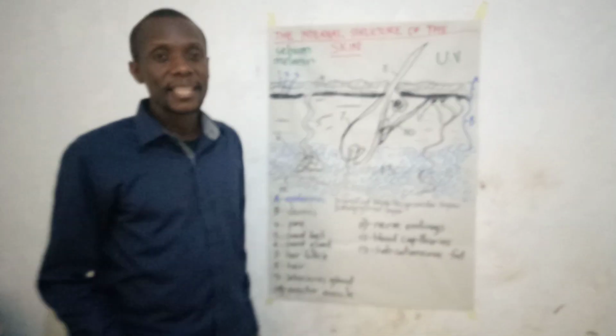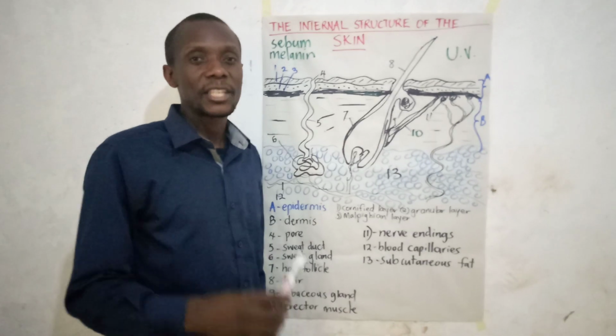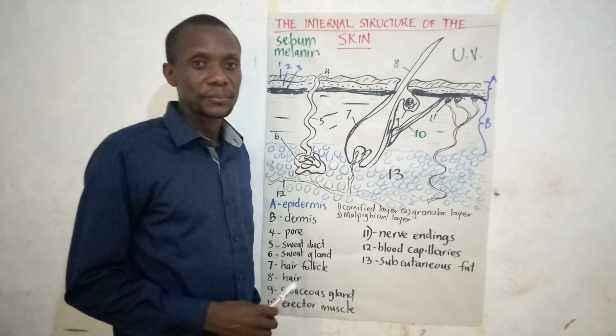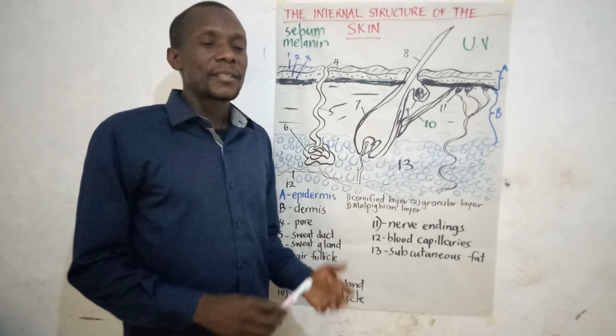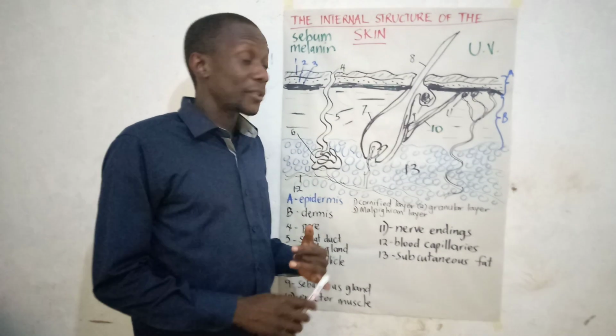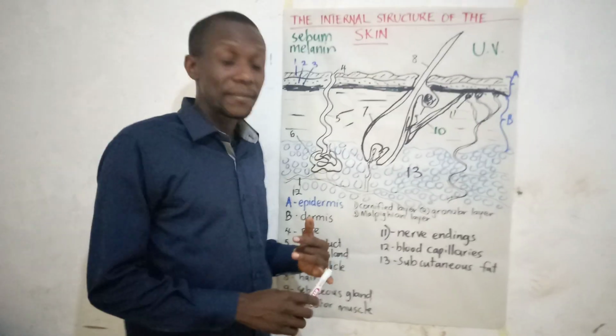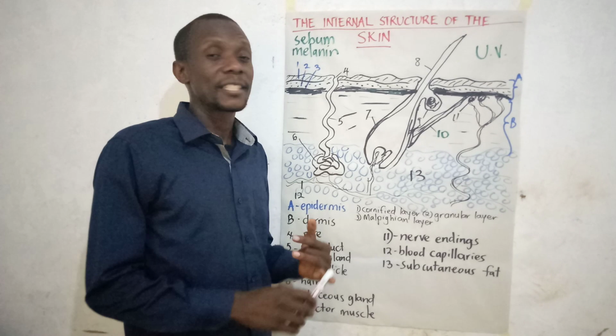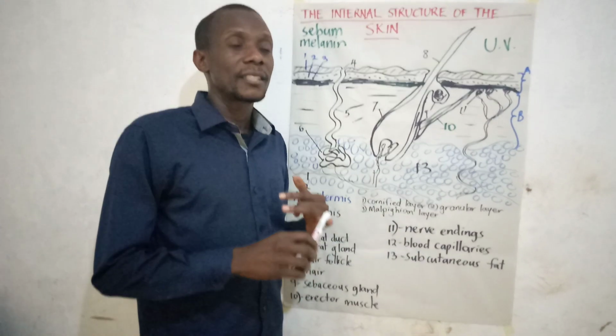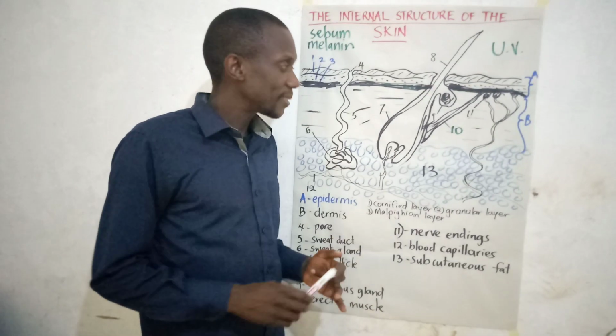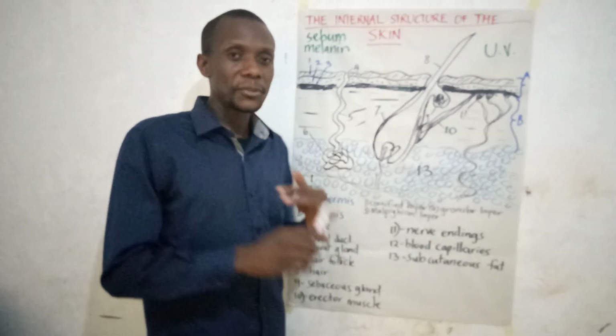The next bit is we need to discuss the uses of the skin. The first use is the skin protects our body from a lot of things, from germ invasion, from damage and the rest. So it offers protection to the body.